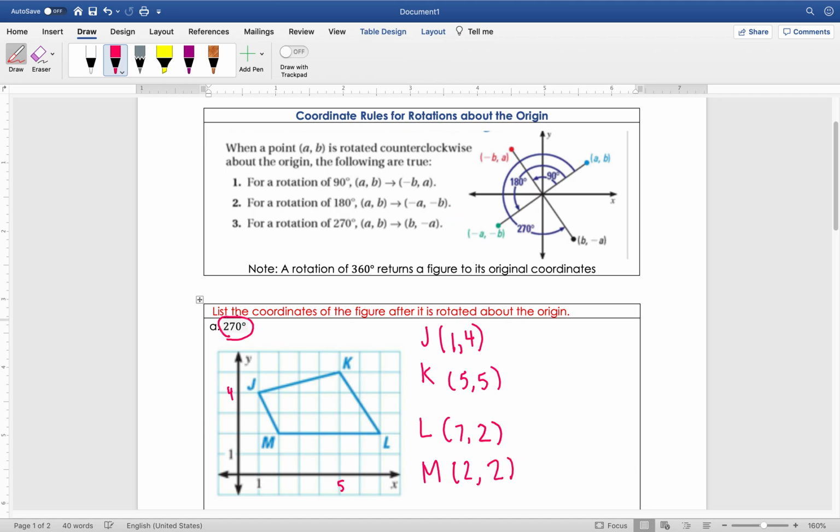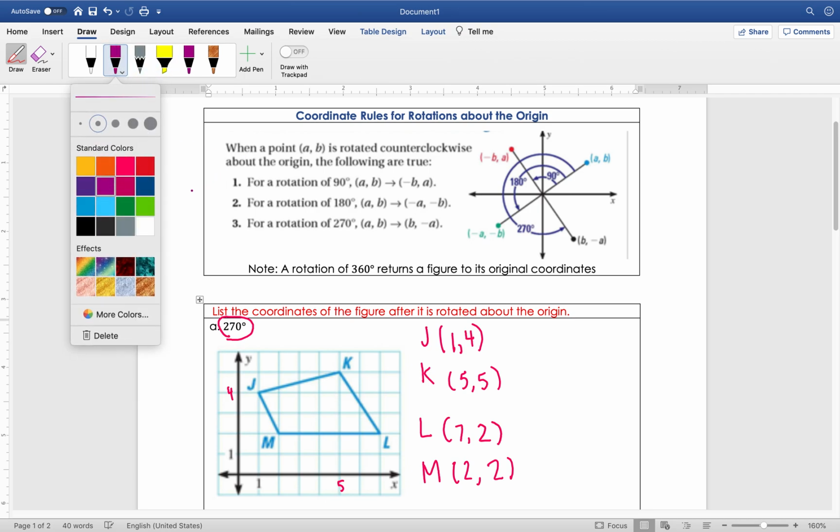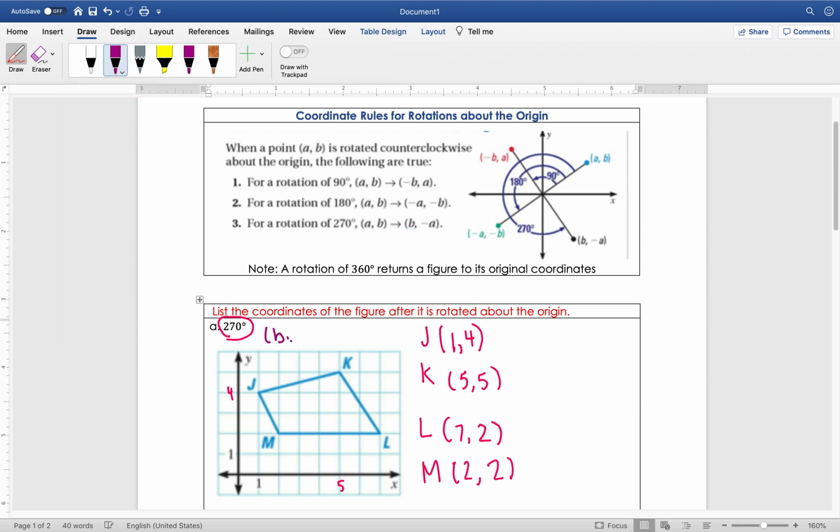So because this is 270, my rule here states that I would have to switch X and Y, and then I would have to take the opposite of A. So for my image, which would be J prime here, I would have to switch X and Y, which would be (4, 1), but I would have to take the opposite of A. So if A is positive here, it would be -1.